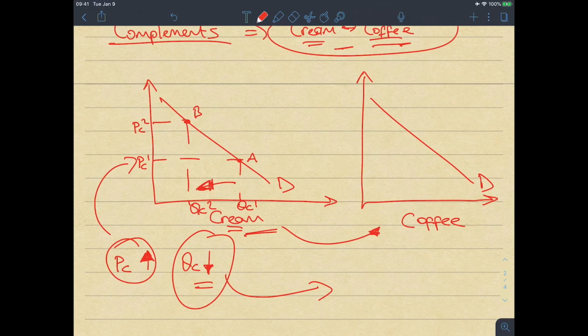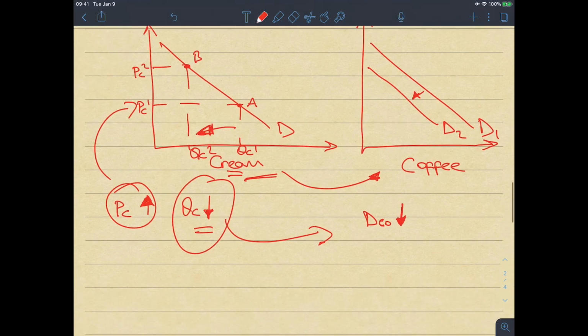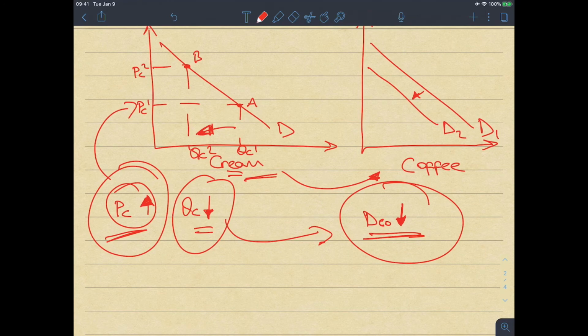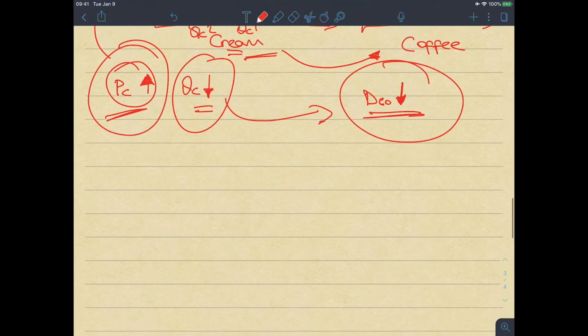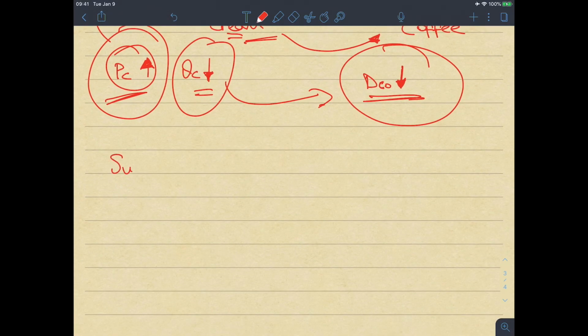So basically, this change is going to decrease the demand in the coffee market. So the demand of the, let's say, CO is referring to coffee. So the demand of the coffee is going to decrease. As you can see, there is an inverse relationship. When I increase the price of one good, the demand of the other good is going to decrease. So that's the idea for the complements.